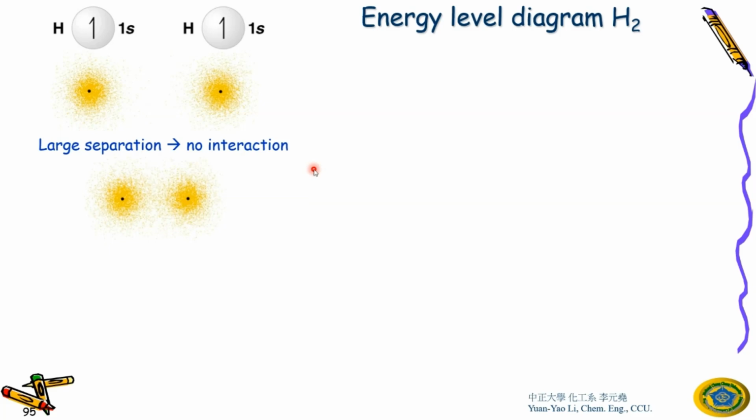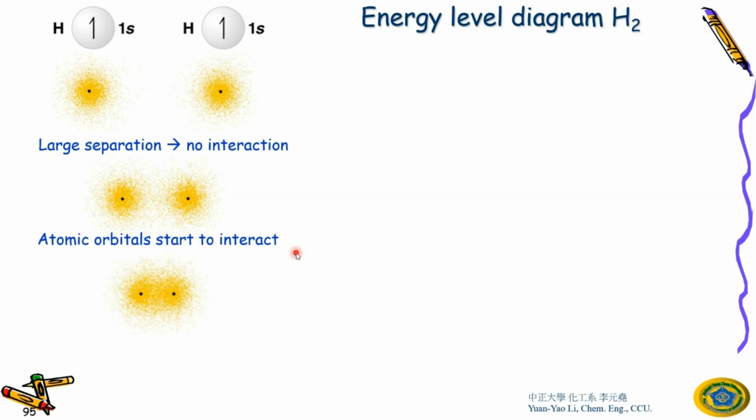But once we bring these two hydrogens close to each other, they have attraction and repulsion forces, as you know, and this represents the probability of the electron in the atom, right? So the atomic orbitals start to interact, and that means we need to follow LCAO-MO.